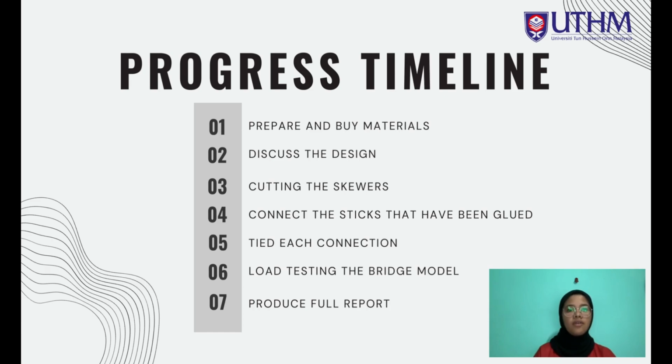Connect the sticks that have been glued to build a bridge using a hot glue gun. After that, tighten each connection to make the joint stronger. The final task for the bridge is load testing the bridge model, and then recording and analyzing the following component. Final submission is a full report that contains calculation and discussion based on the result.